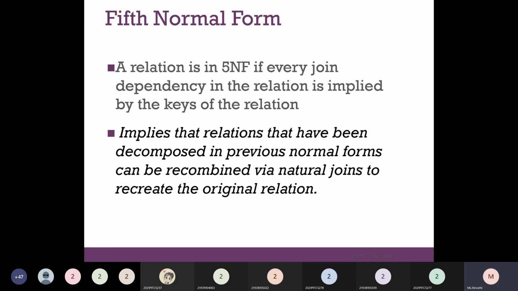If we can combine the decomposed relations into a single relation without losing information through natural join, we can say that the relation is in fifth normal form. So fifth normal form insists on lossless decomposition.